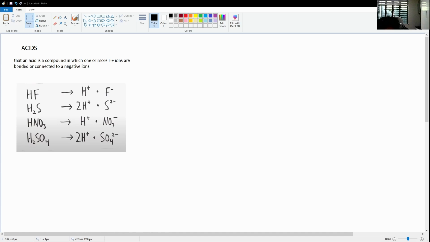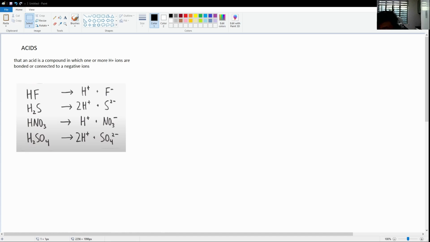I've got to figure out what this negative ion is, then figure out the name of the negative ion. Then based on the negative ion that I figured out, I can know the name for the acid. So let's talk about doing this with a few examples.